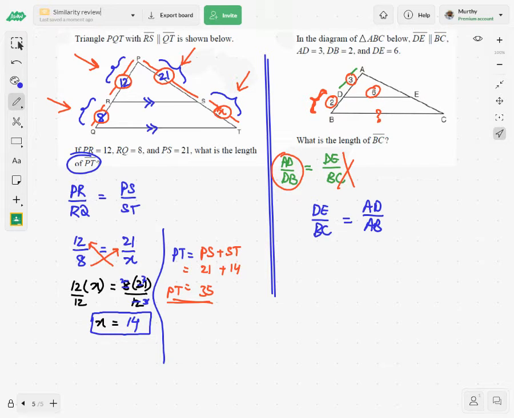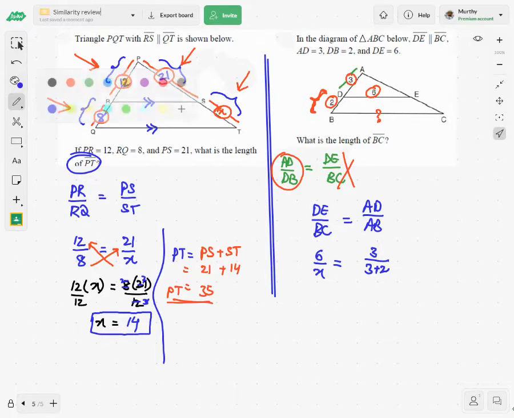Now plug in the values. The value of DE is 6 units, BC is not known, AD is 3 units, AB, please notice that, AB means 3 plus 2.